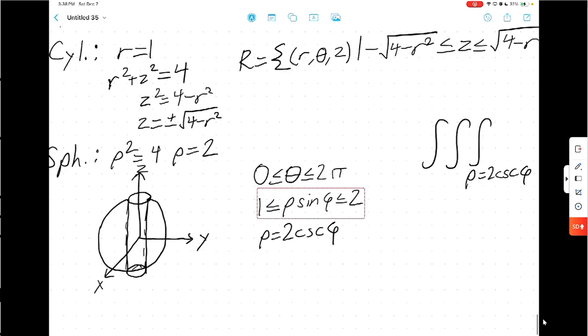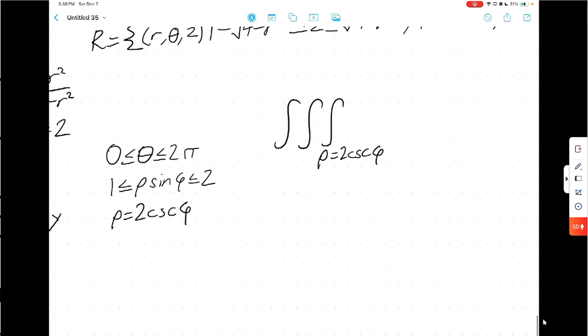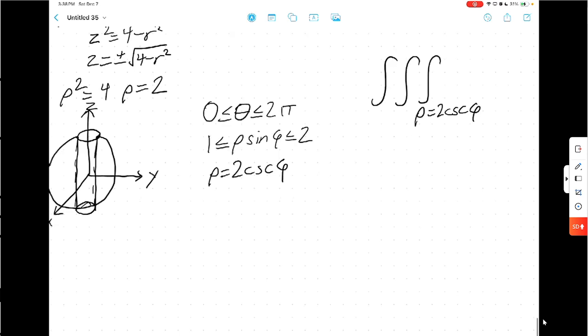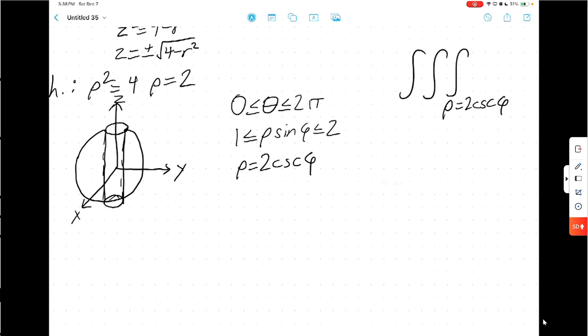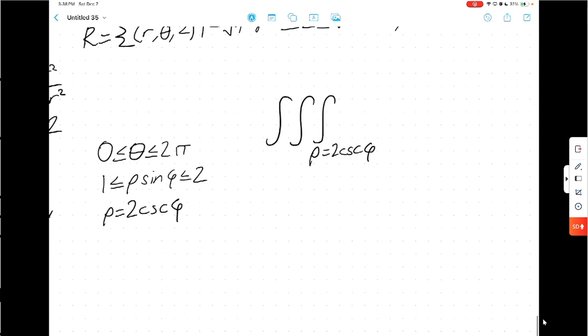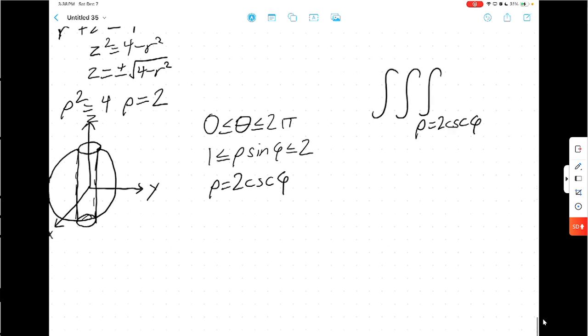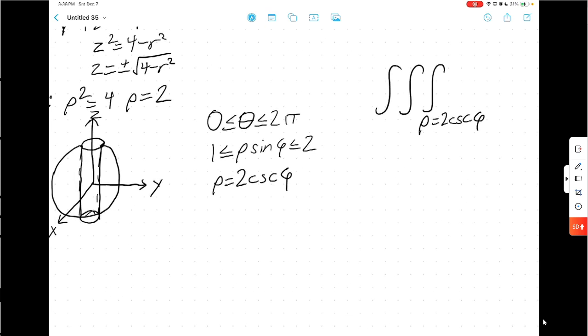So the cylinder is going to be defined as rho is equal to 2 cosecant phi, from the fact that we have rho sine phi is equal to 2. Actually, root 2? No, it's 2, because it's the radius. Or is it?